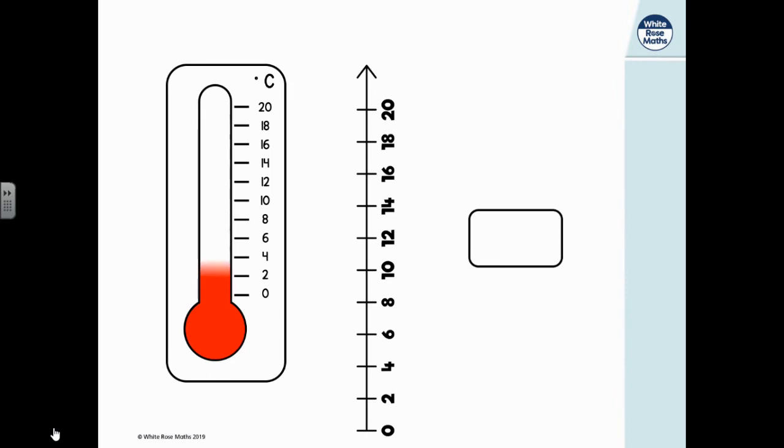As the temperature increases, watch where the red line stops. It's right in between the 8 and the 10. What temperature do you think the thermometer is showing? Pause the video here to have a go. That's right, 9 degrees C.